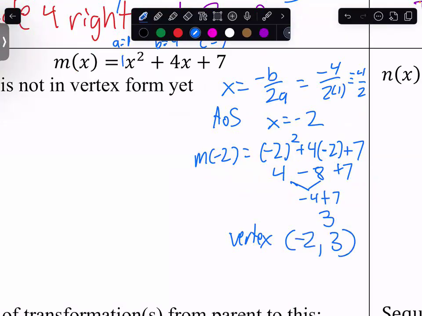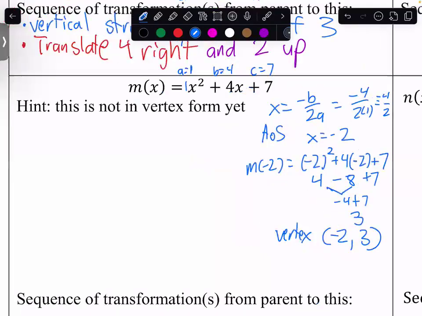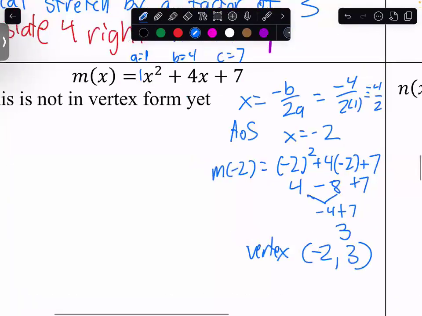Okay, so we're not done yet, but let's see if there are any questions on how the vertex was calculated. Okay, so now that we have the vertex, it's very easy to get vertex form because the x coordinate of the vertex is h and the y coordinate of the vertex is k.